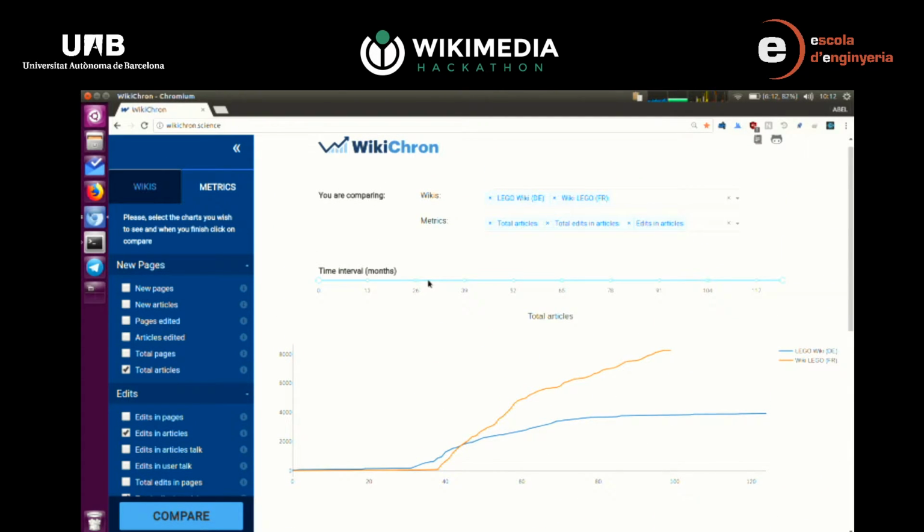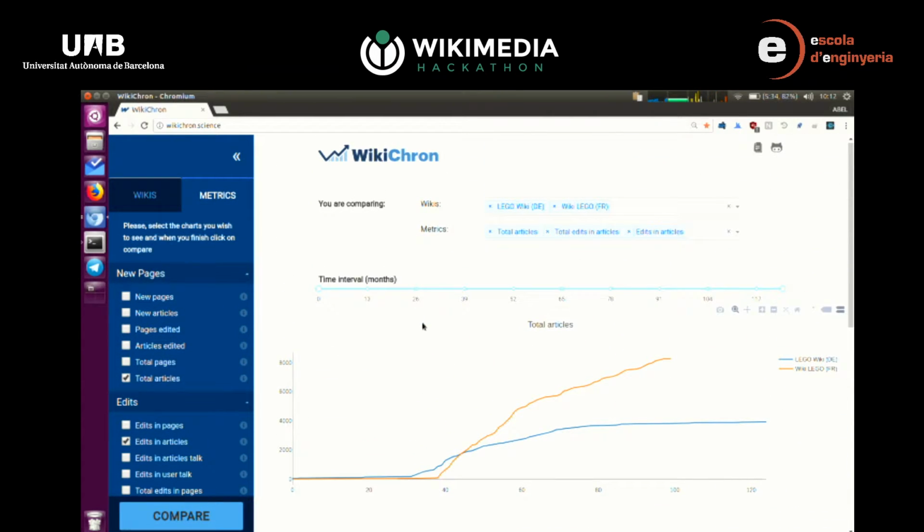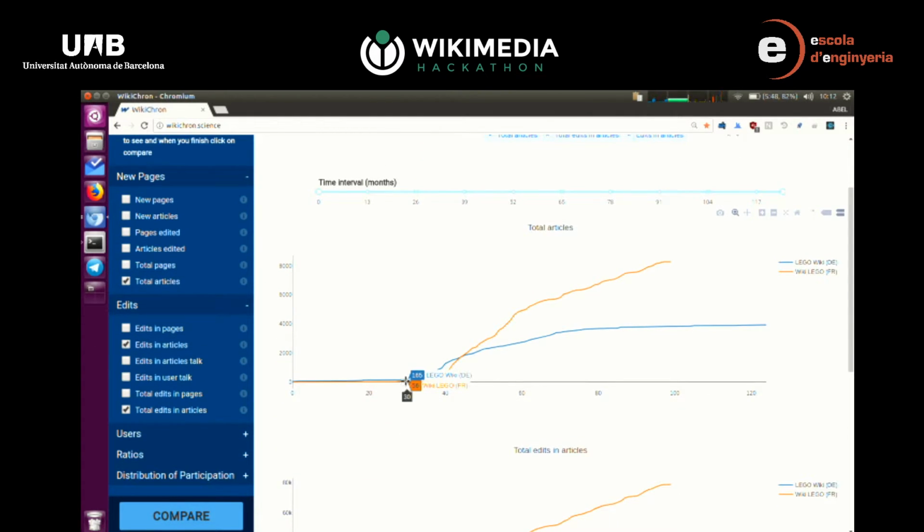So here we have some graphs. They are time series, and they start from the creation of the wiki. So if we see this line, we have this number of articles since the wiki was created.